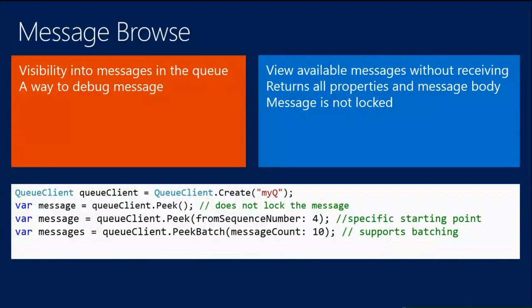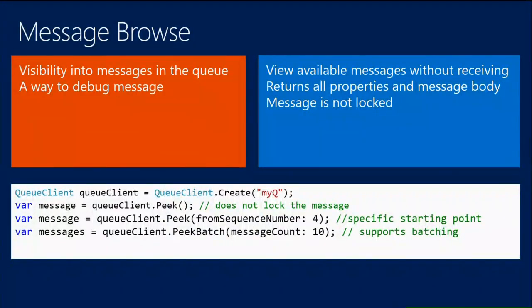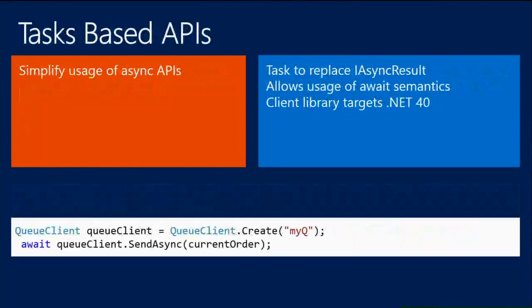You can also peek from a particular sequence number, so you can take the message out and take a look at it. The sequence numbers are monotonic sequence numbers. However, you can get things out of order if you do peek lock, because we're putting messages back in that maybe so. And then you can also do a batch peek and say, okay, so I know that there's 100 messages in there. Let me get the 100 messages so I can display them in the list. And you can also do paging with the from sequence number. So that allows you to browse that.